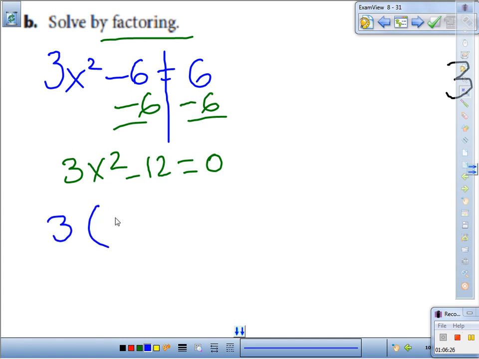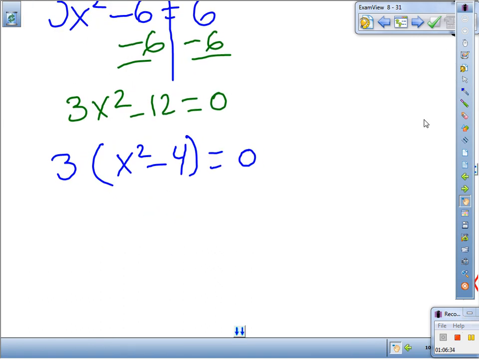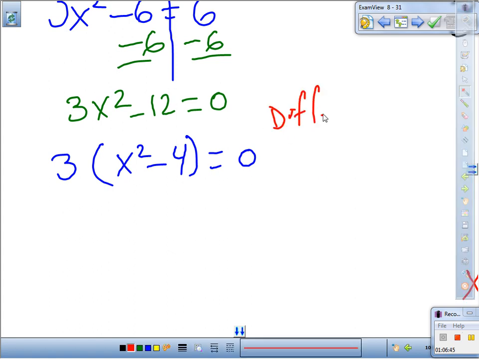And we're left with x squared minus 4 equal to 0. Am I done? No, look at this one. What does this look like? It looks like difference of squares.